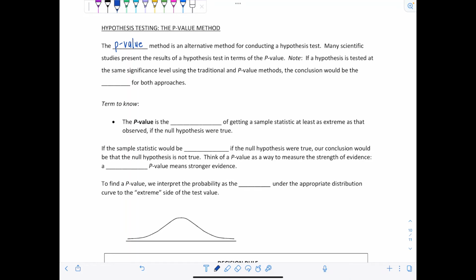Many scientific studies present the results of a hypothesis test in terms of the p-value. If a hypothesis is tested at the same significance level using the traditional and p-value methods, then the conclusion would be the same for both approaches, as I said earlier. So terms to know.